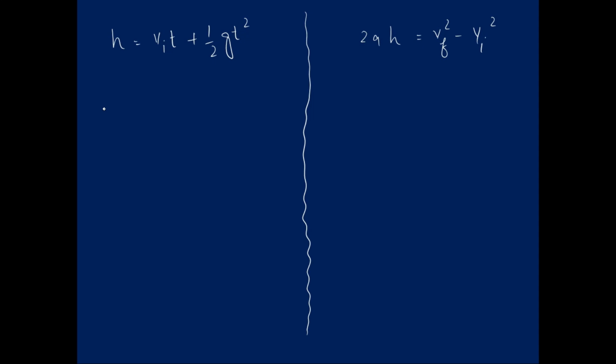Now let's calculate this height by using both equations. With the help of the second equation, we want to calculate h. We have initial velocity, that is 30 meters per second, multiplied with the time 3 seconds. The ball took 3 seconds to reach the maximum height point. Plus half, minus 10 meters per second square, into 3 seconds square.